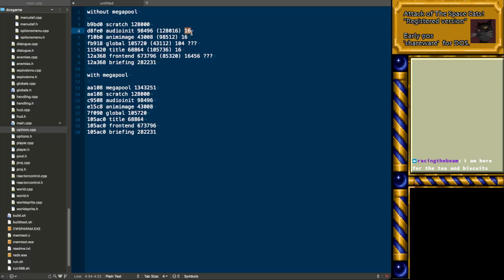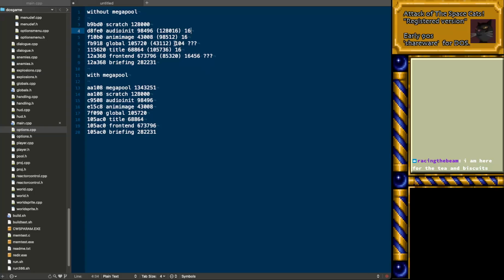That doesn't surprise me too much. I would expect some amount of overhead with each allocation, and 16 bytes seems reasonable, I guess. Depends precisely what the DPMI needs to store, of course, but sure, 16 bytes, fine. I don't care about that.